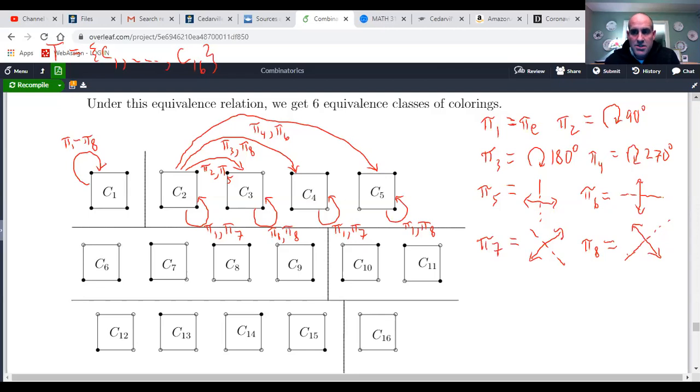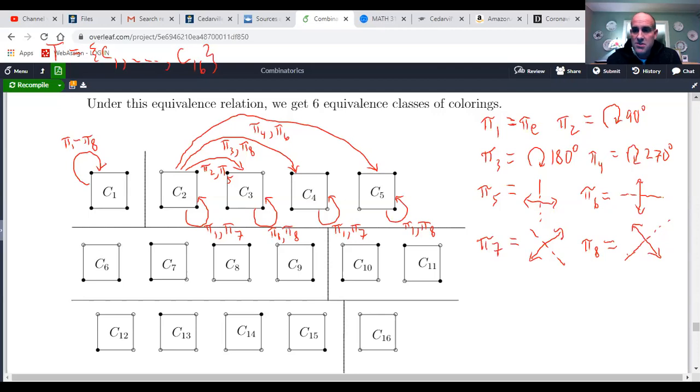That is going to be a consistent pattern with each one of these equivalence classes. The number of things that fix a coloring is going to be the same as the number of things that move me from one coloring to another, okay? And that's just going to be true for any one of these colorings.